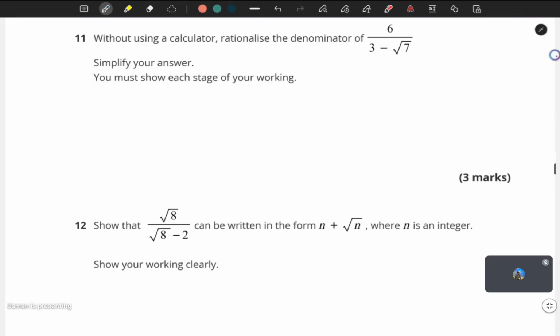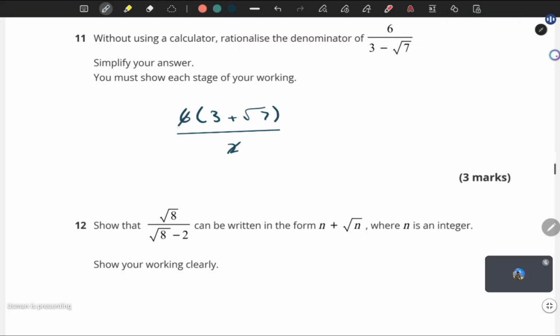I'm getting 9 root 7. Let's see. So you have 6 times 3 plus root 7, and you have 9 minus 7. So this would become 2, right?